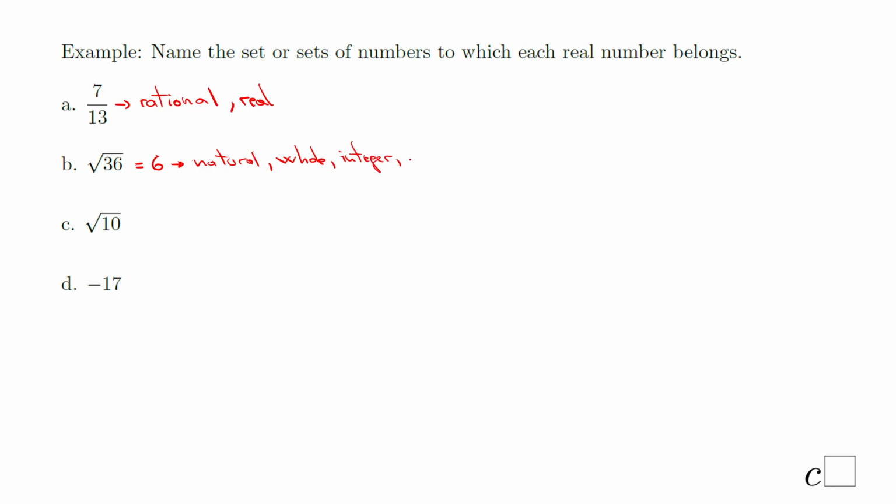We can call it a rational. And also we can call this guy a real number. The only thing we cannot call this square root of 36 is an irrational number, even though it looks like a radical, right? And most of the time the radicals are irrational numbers.